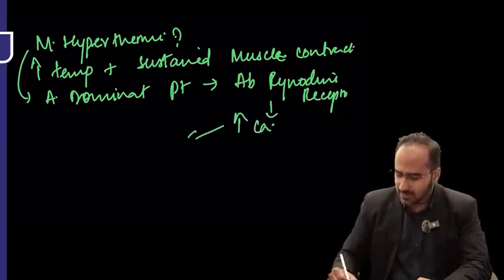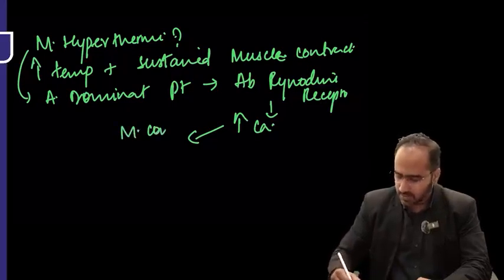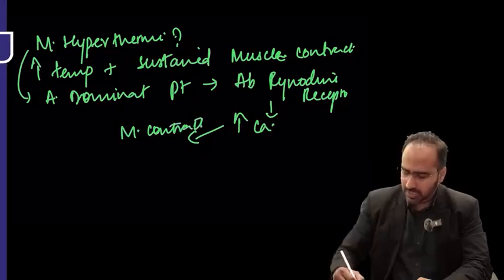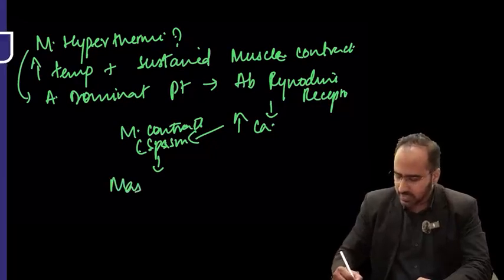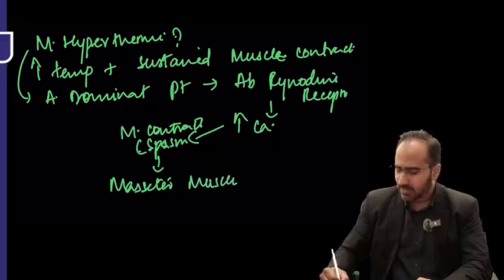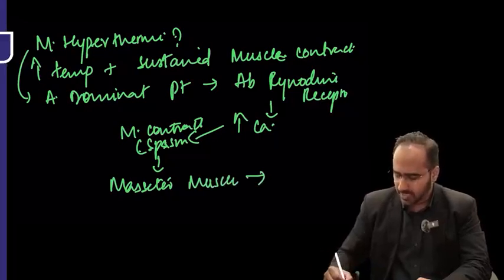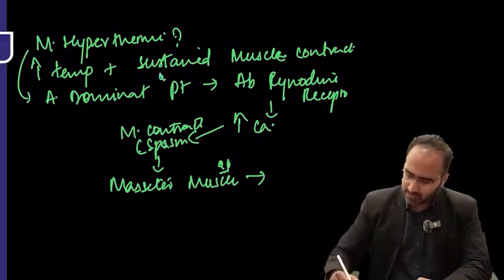As the calcium is being released, what will happen? The muscle starts to contract, or there might be muscle spasm. Starting in what muscle? Starting in the masseter muscle. Thereby the whole body gets involved.